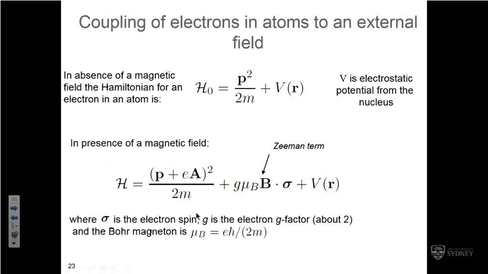And this g is called the g factor. It's derived in great detail in the textbooks, but you don't need to know how to derive it here. It has a value of about 2, and mu_B is the usual Bohr magneton. We have h bar e over 2 times the mass of the electron.